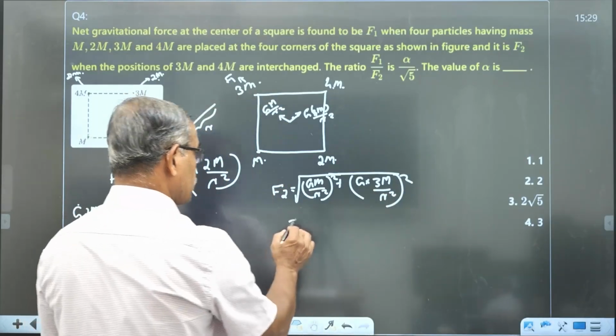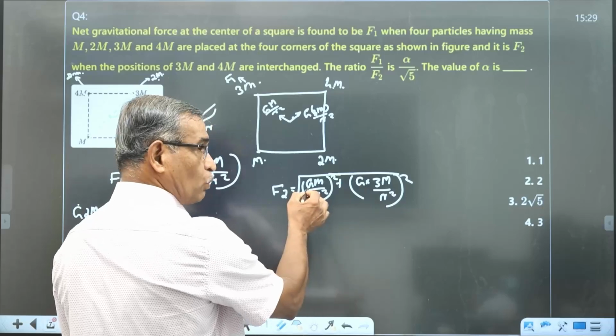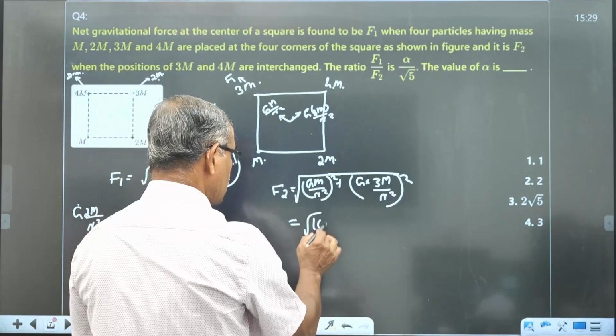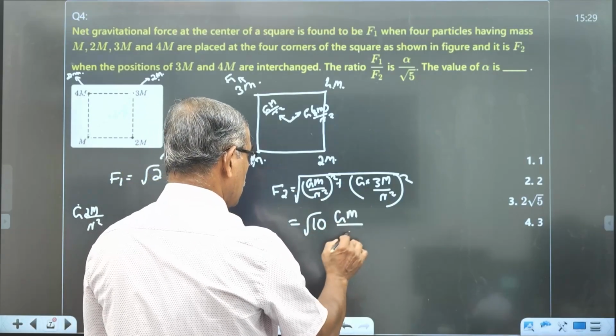This on calculation gives root 9 plus 1, that is root 10 G m by r squared.